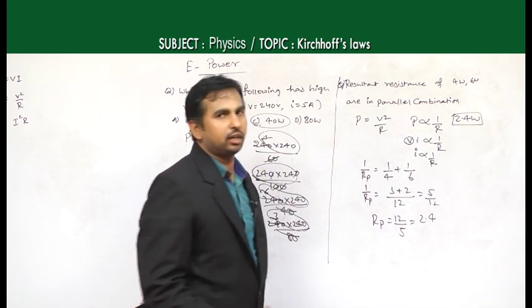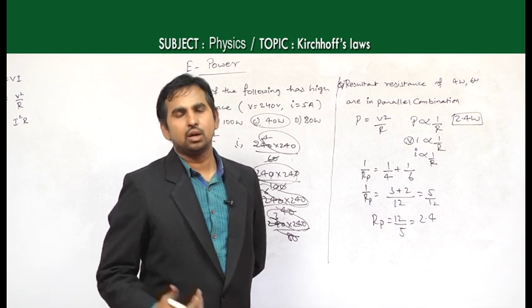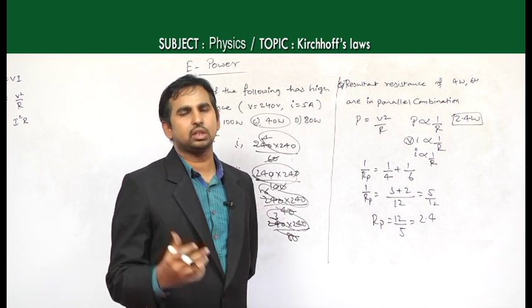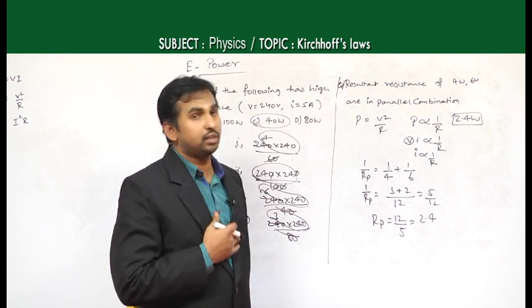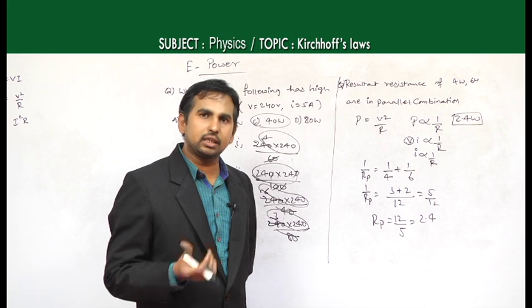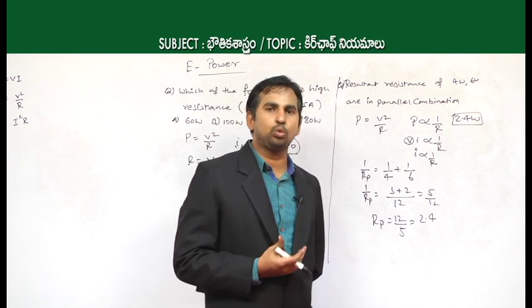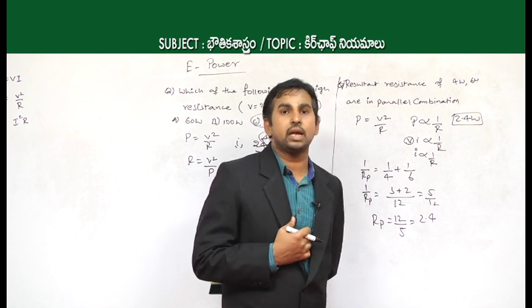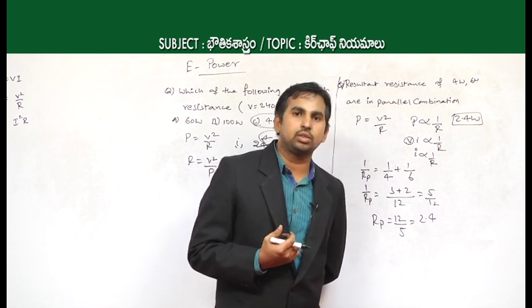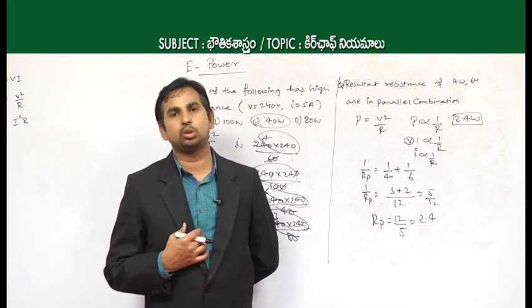Like this, we can relate the power to the resistance when connected in series also. For the same question, if they ask in case of a series combination, then just like the resistance, as we are adding both, because in that case the current remains the same, power P is equal to I square R. As I is constant here, P is directly proportional to the resistance.